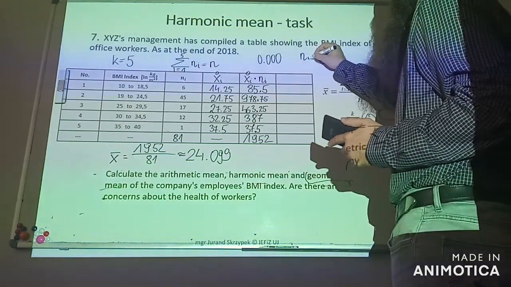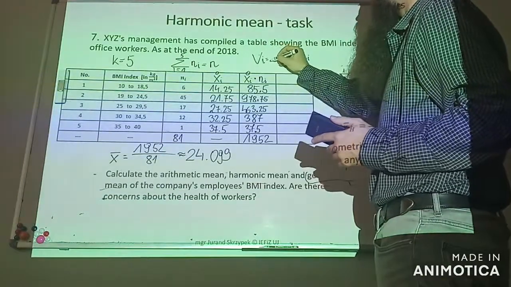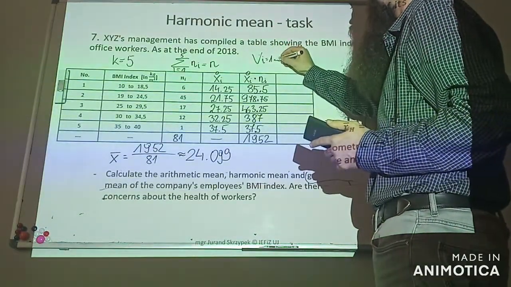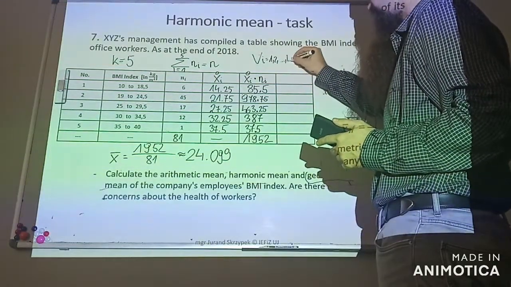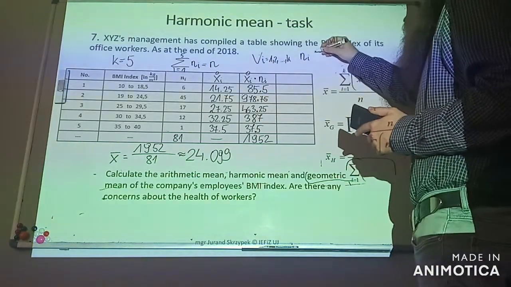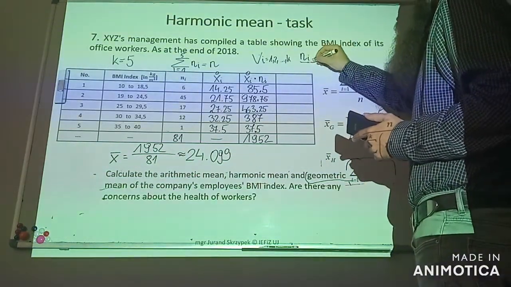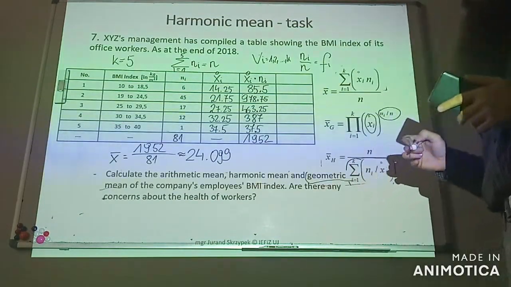Every ni for each i equal to 1, 2, up to k, ni divided by n gives us the simple relative frequency.